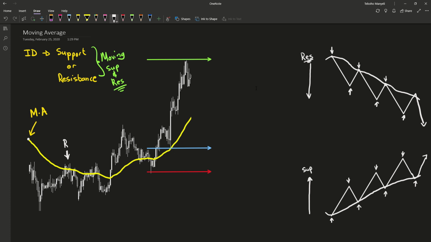As the moving average is tilted downwards, I think we can all see that, it will identify resistances. We touched the yellow line again, pushed out a bit, but finally found resistance because the market started moving downwards again. And then the market shot up on top of the same moving average right here.